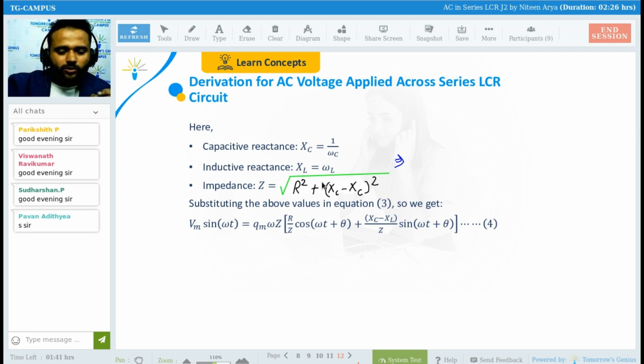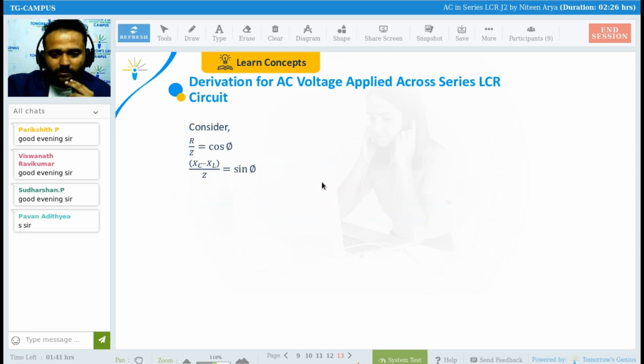So the moment we put XC, XL and Z in equation 3, it converts into an equation where R by Z we can write as cos phi.